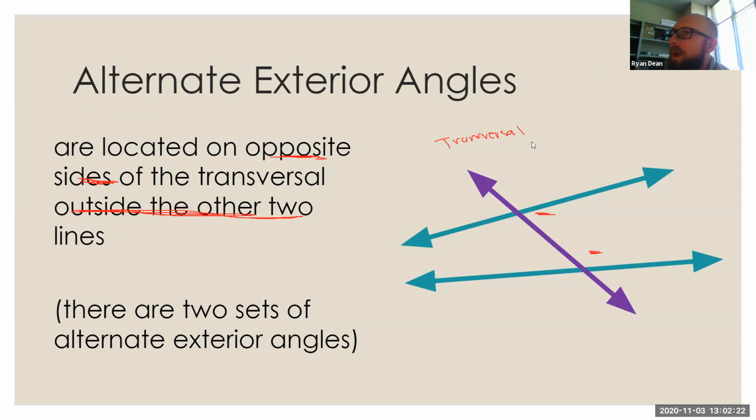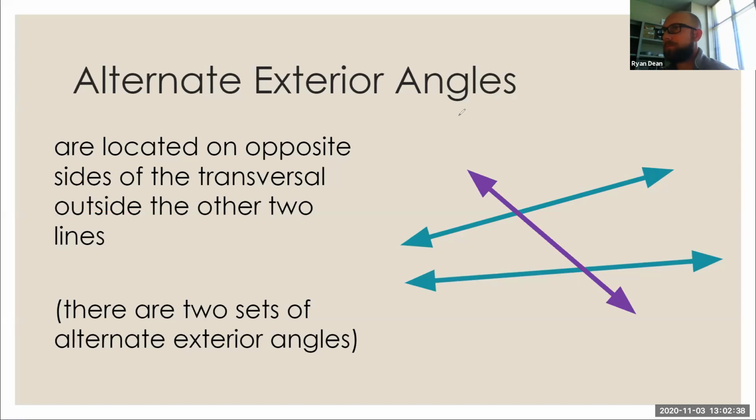Okay, here is our last kind of relationship that we have, alternate exterior angles. Similar to the alternate interior, except this time we have exterior, which is on the outside.